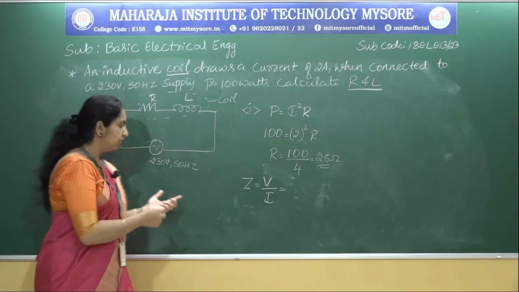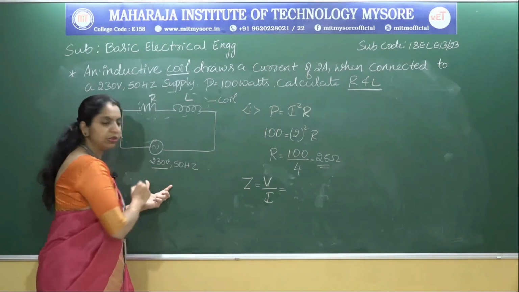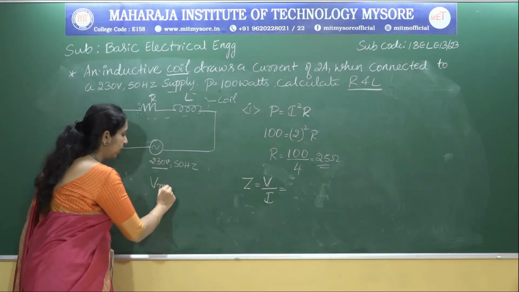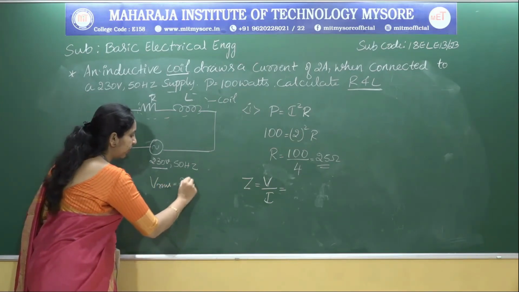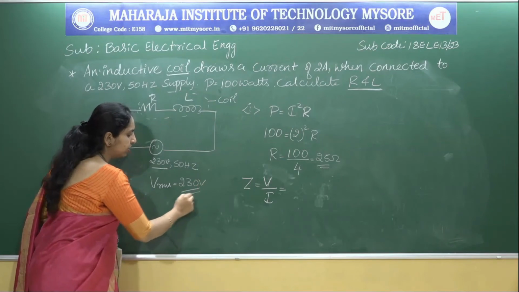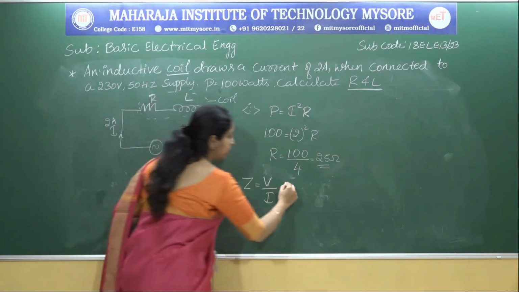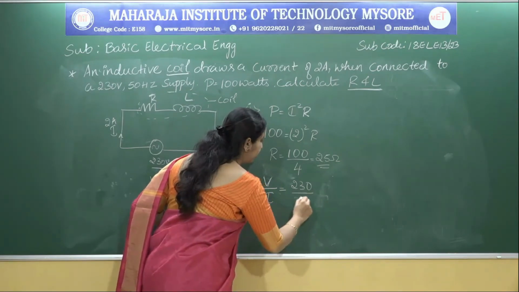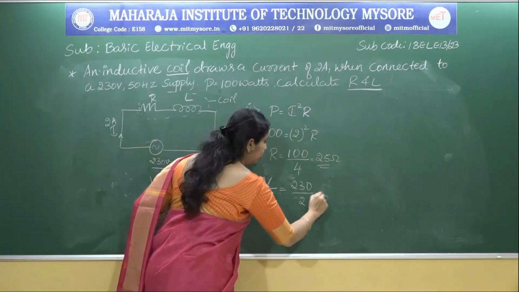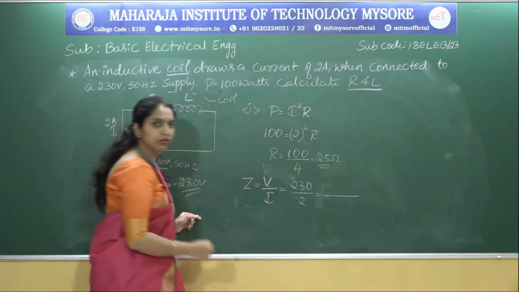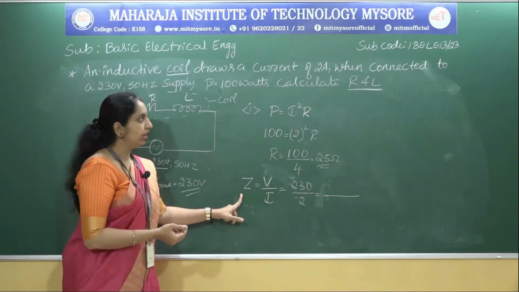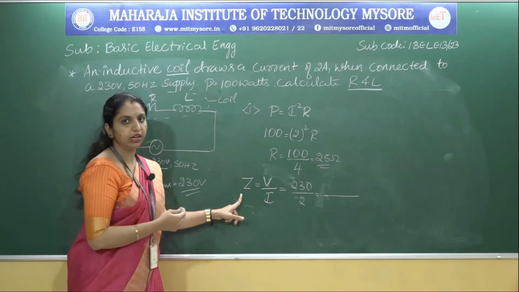The value which is provided, 230 volts, is nothing but Vrms. So we substitute the value of V, which is 230 volts, divided by I, which is 2. So we can calculate the value of Z.